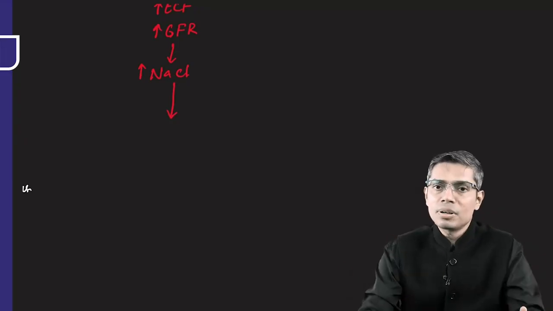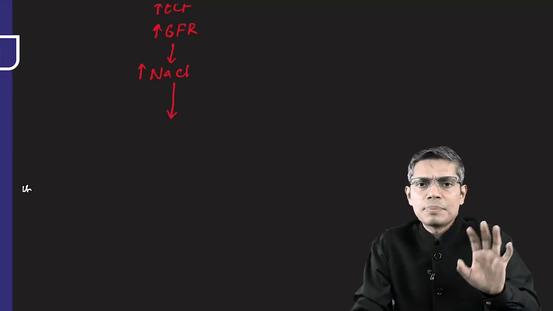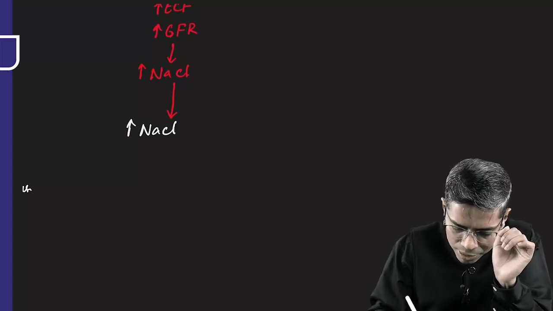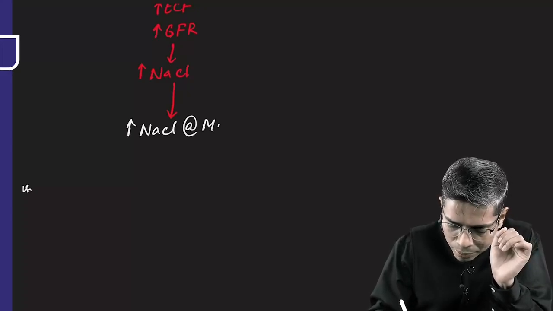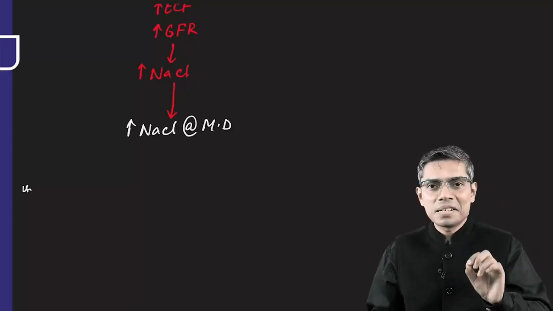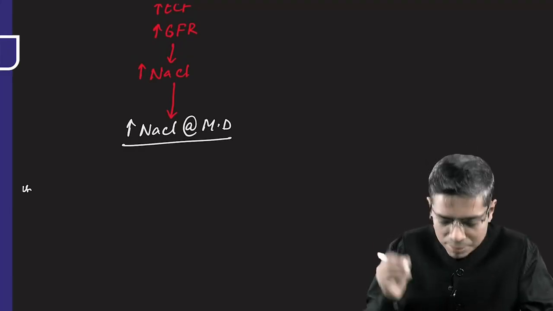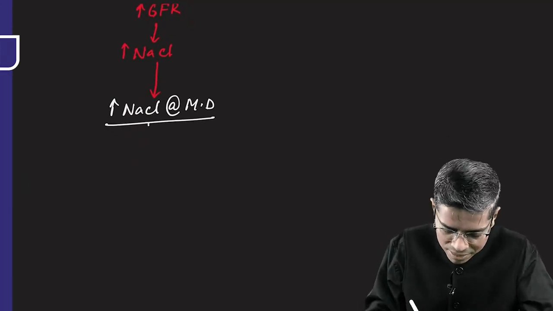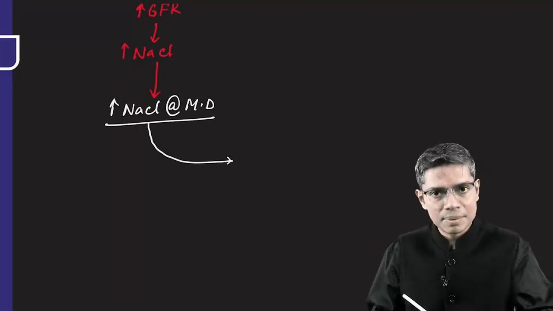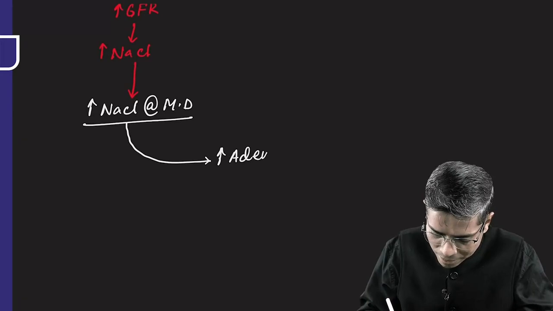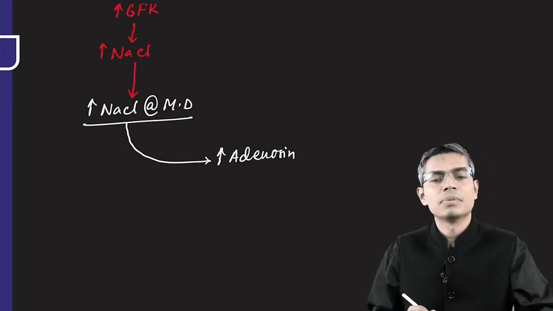Although there will be increased amount of absorption also, even after absorption, huge amount of NaCl is going to reach the macula densa cell. And just now we have understood that whenever there is increased amount of NaCl at the macula densa, the macula densa cell will be stimulated. And what is it going to produce? It is going to produce huge amount of adenosine. So this is the mediator of the macula densa cell.